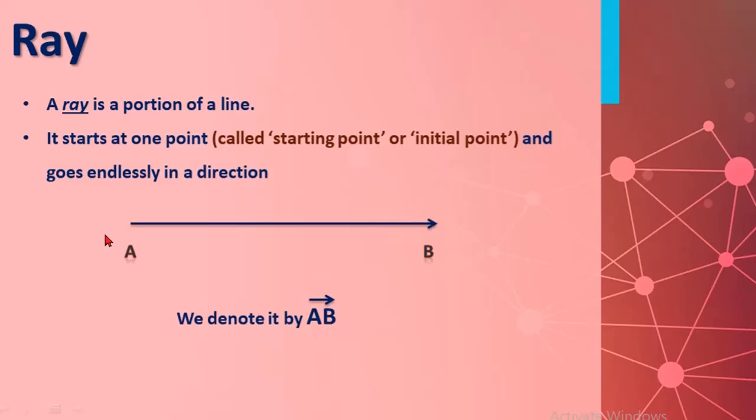As here in this AB, A is the initial point and B is another point in the direction of continuity.